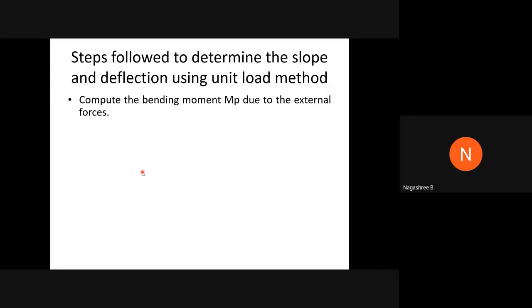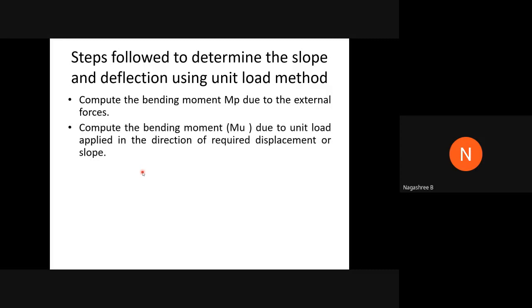For that real force, we are supposed to determine the bending moment. The next step is that we are supposed to determine the bending moment due to the unit load applied in the direction of the required displacement or slope.